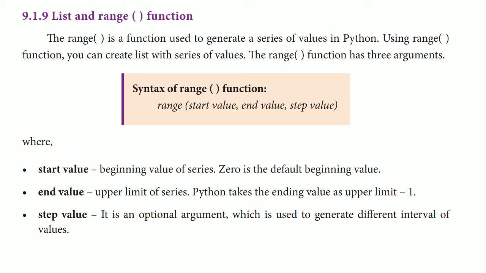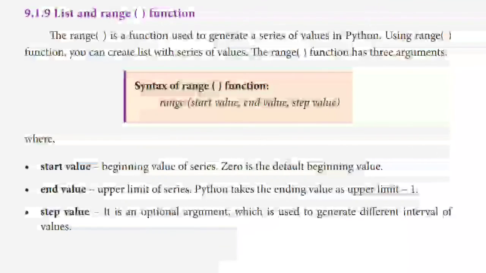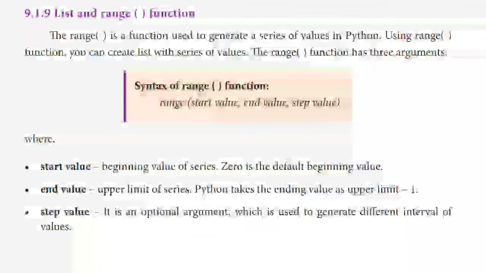Python takes the end value as upper limit minus 1, so the last element will be eliminated. If you provide the end value as 10, then 10 minus 1 is 9, so starting from 0 to 9, it will take it as the range.